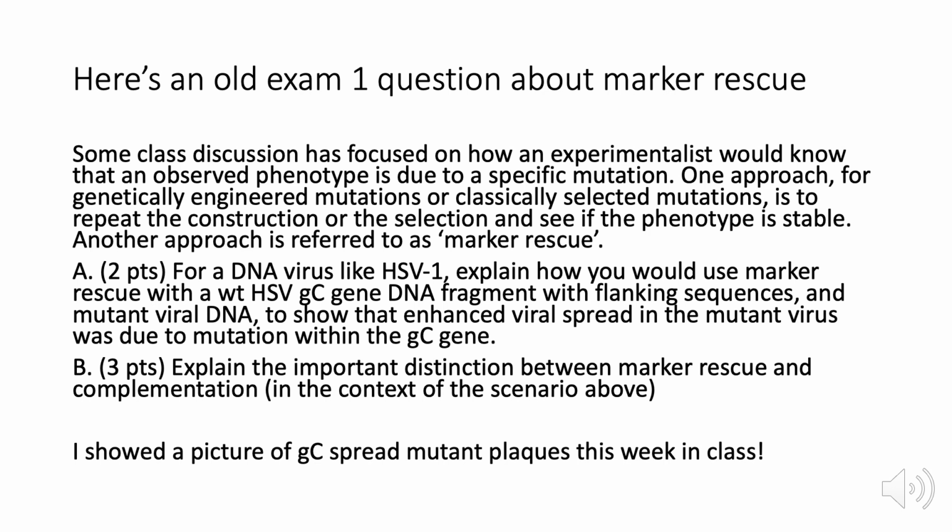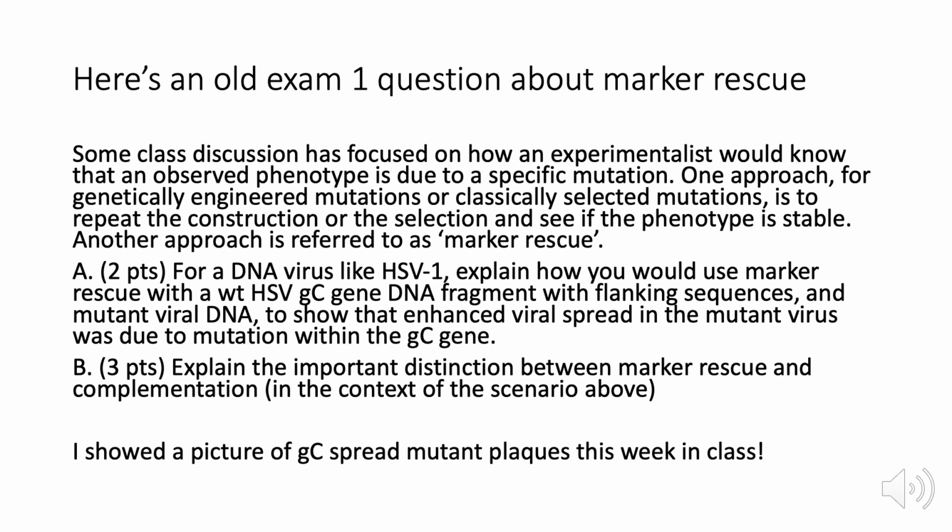And part B, for 3 points, explain the important distinction between marker rescue and complementation. And remember, this also relates to a picture of GC spread mutant plaques that I showed this week in class, and then the approach that was in the genetics and genomes lecture.